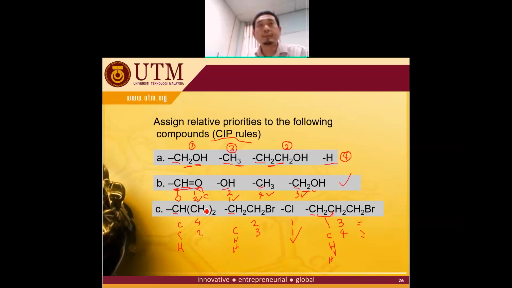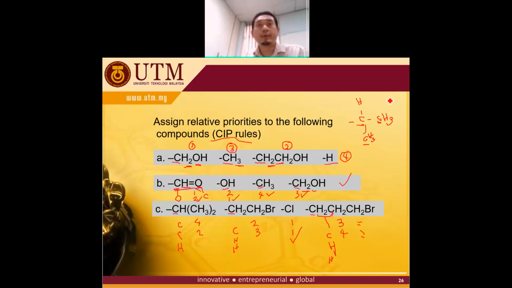This is a two group. If I draw this one, it's actually like this: CH3, CH3, and H. This carbon is bonded to two carbon and one hydrogen.